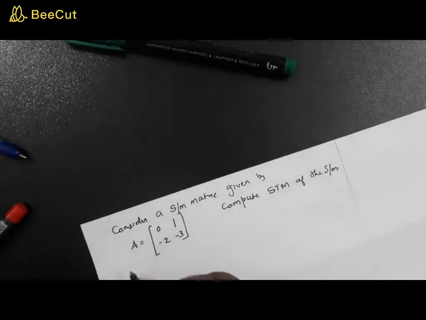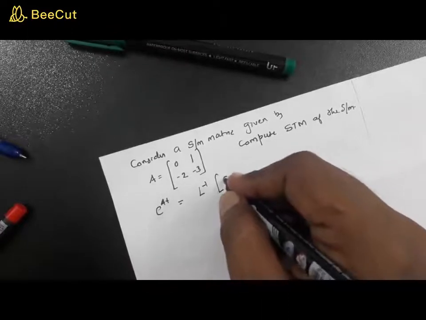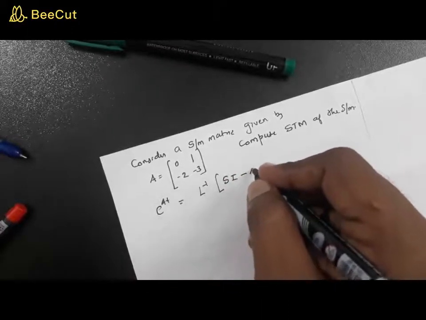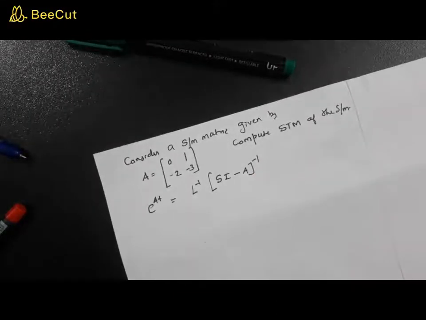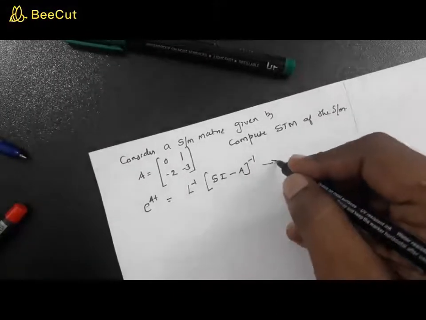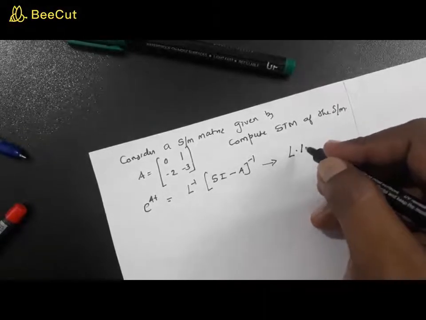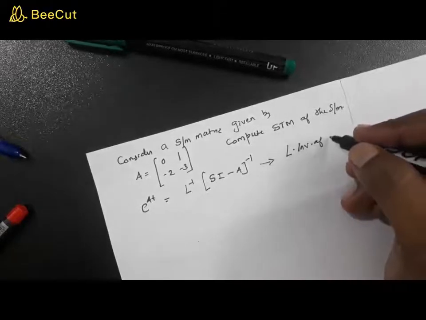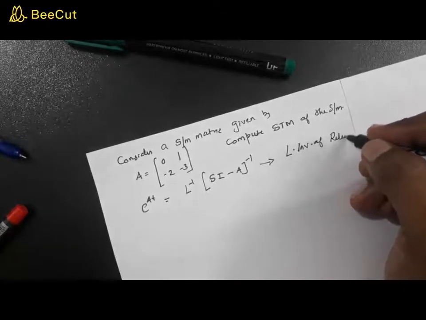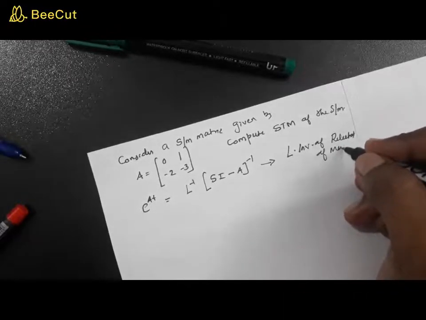Now what is this e raised to at? How is e raised to at defined? E raised to at is defined as the Laplace inverse of sI minus A inverse, right? Or you can say in words that it is the Laplace inverse of the resolvent matrix.